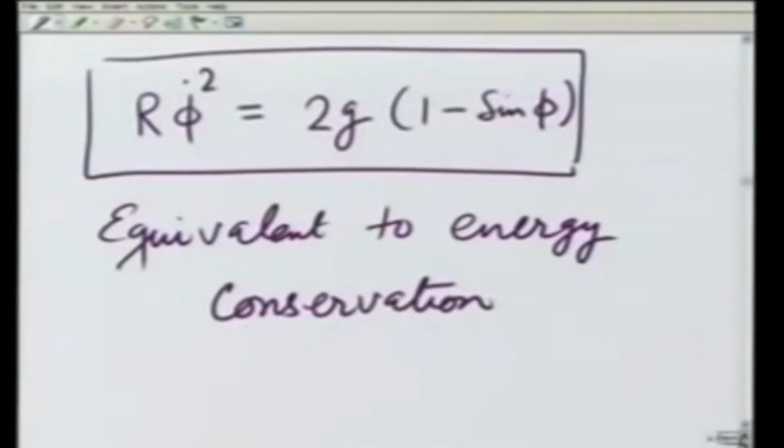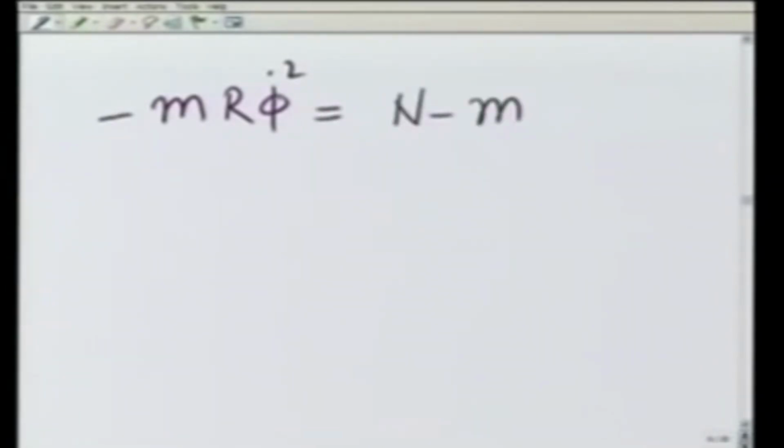Recall that equation 1 is nothing but minus m r phi dot square equal to N minus mg sine phi.